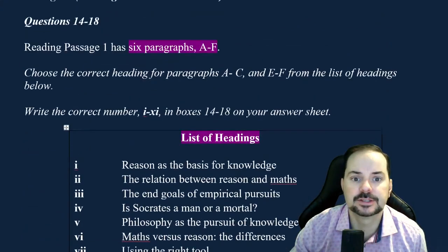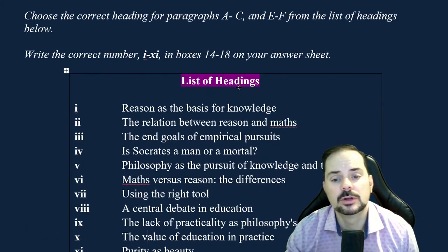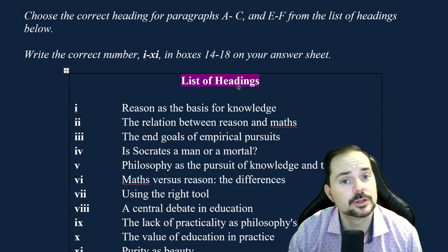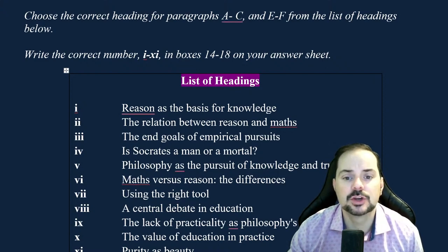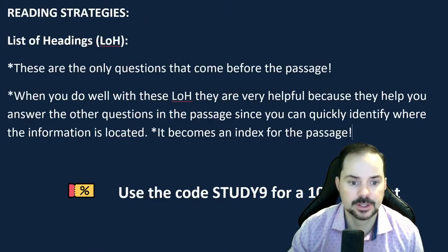List of headings, what you want to do, okay, here are the strategies. Some of you have done this before. I'm going to go through this nice and smooth, step by step. So, list of headings, you're always looking for the topic, okay? You have to keep this in mind, all right?